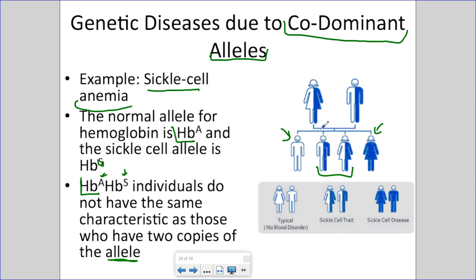These individuals, as discussed in the previous video, do have a slight advantage as they have higher resistance to malaria infection, but do not develop sickle cell disease. Whereas an individual with two normal hemoglobin genes is very prone to malaria infection, or not resistant to malaria infection, but doesn't have any sickle cell traits.